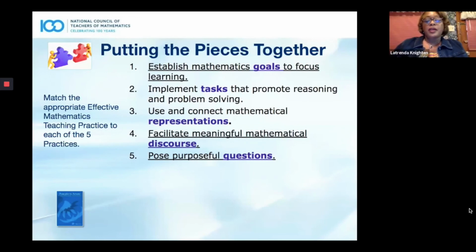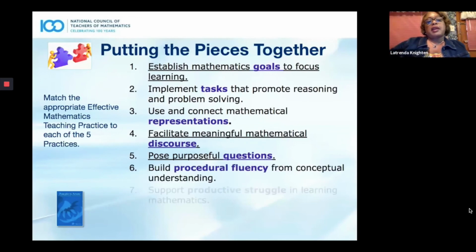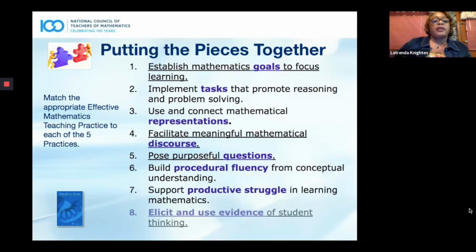Exactly. And so, of course, to save time, we won't be able to go through all of them, but it's helpful to think about if these are the practices that I'm going to use as a teacher to make sure that I improve my classroom practice, that I enrich mathematics learning for students.